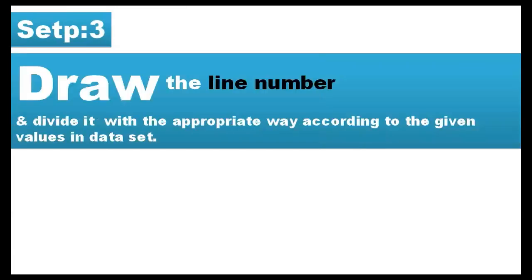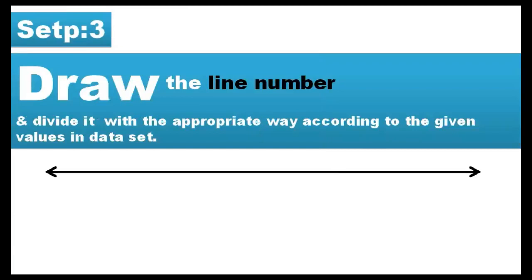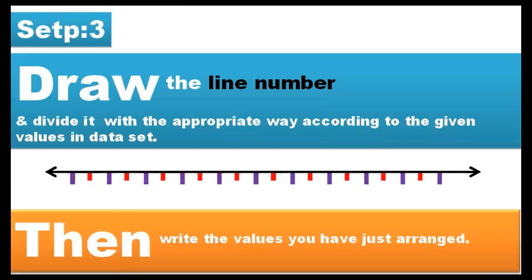After reading and determining the maximum point and the minimum point, the start point and the end point, you are going to draw the number line. After drawing the number line, you are going to divide it in an appropriate way according to the given values in the data set. For example, here, you are going to divide it in 1, 2, again here, 1, 2, 3, 4, okay?